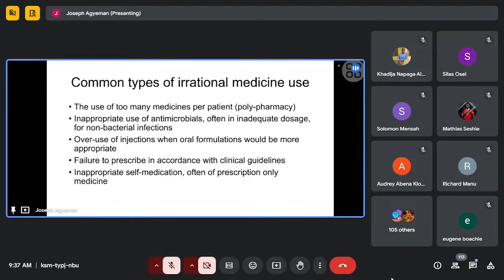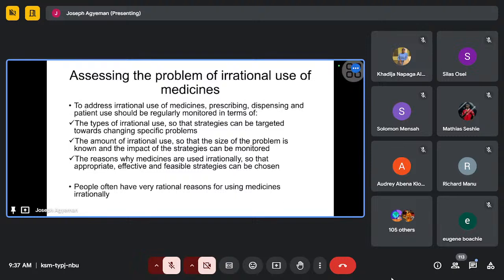These are all common examples of irrational drug use that you can cite. All right. Now that we know, how do you assess the problem of irrational drug use so that you develop solutions to solve the problem?